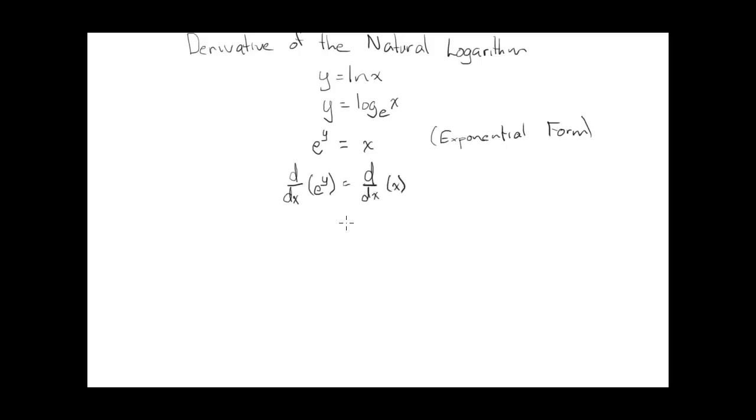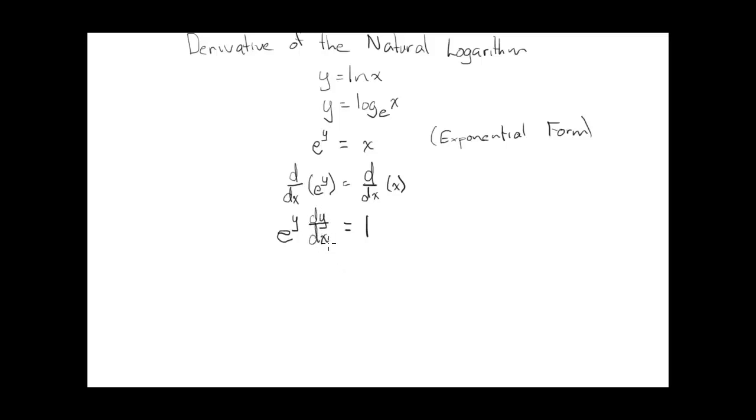The derivative of x with respect to x is just 1. On this side, the derivative of e to the power of y, remember that rule, is e to the power of y. It's its own derivative. But because we're differentiating a function of y with respect to x, we need to use the chain rule, which means you would put a dy by dx right there.